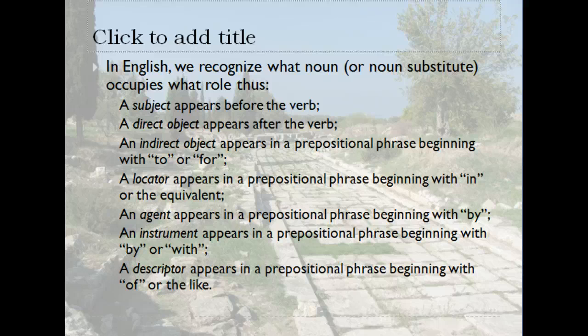If a preposition like to or for appears before a noun, that signals to us that that noun is probably acting as the indirect object of the sentence. That is to say, the noun is that which receives the action in some sense, but not quite as directly as the direct object. Thus, I threw the ball to my son.